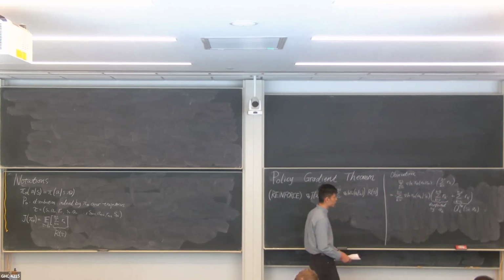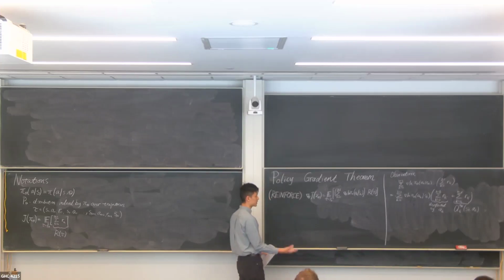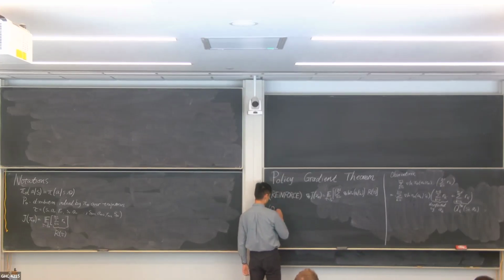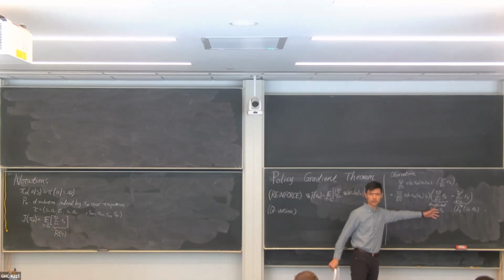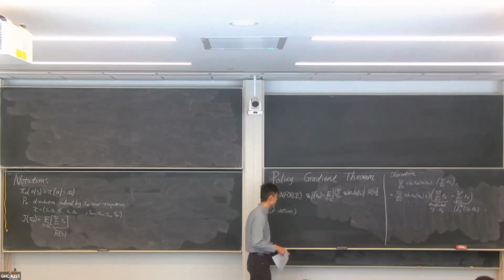So that gives you a sense of a second version of the policy gradient theorem, which essentially just removes the unaffected part of the total reward at every time step.